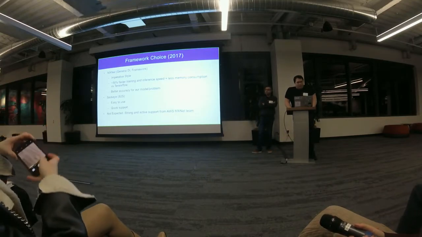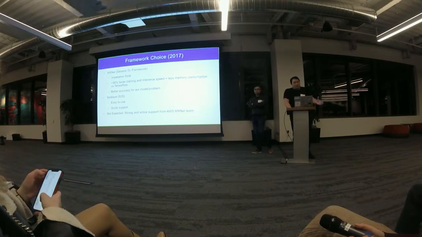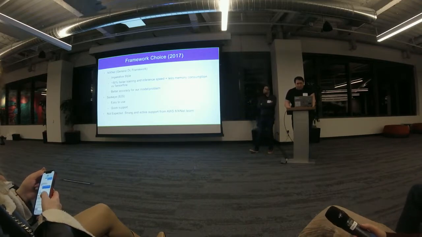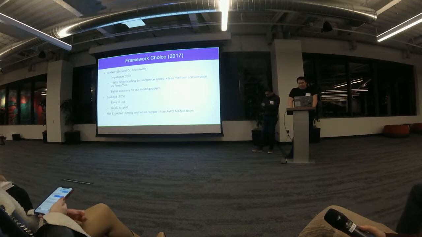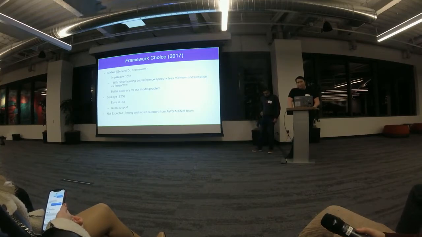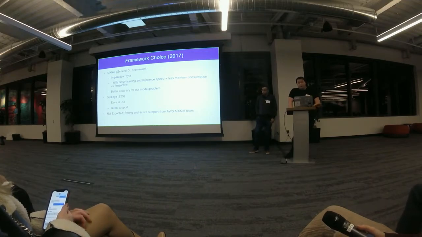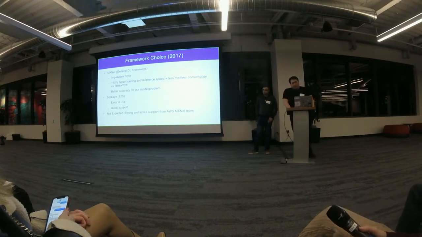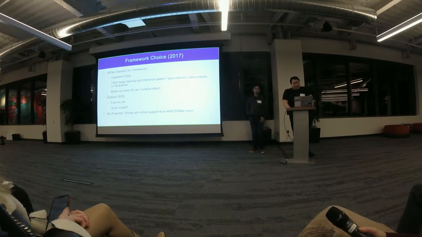And also the author of this framework has been very candid in terms of supporting us. And when we started this, what we didn't expect is that because MXNet is being backed by AWS, they actually provided very strong support from their team inside of AWS to solve a lot of problems. So stuff like memory leak, which happens in a lot of the C++ based frameworks.